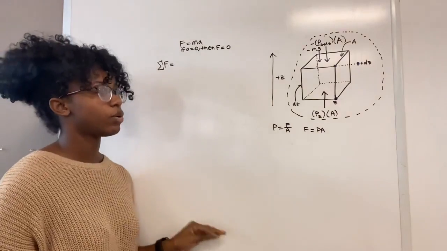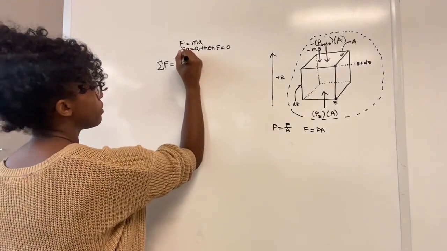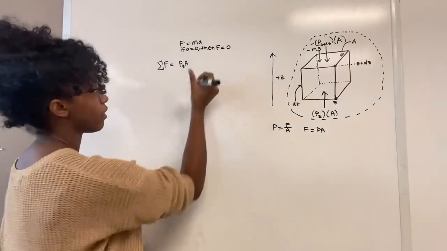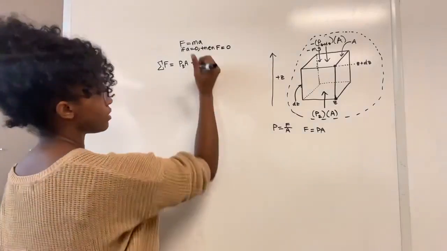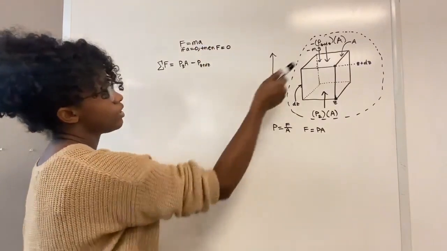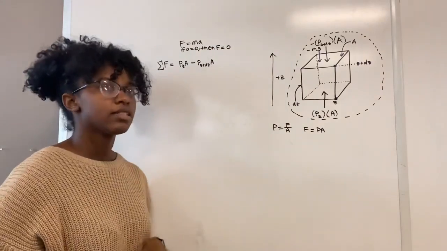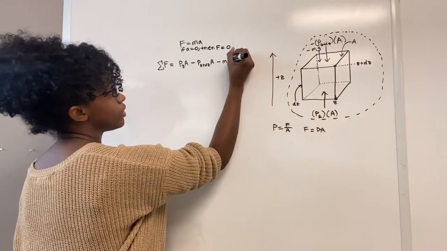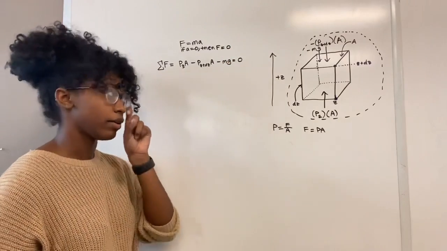So I'm going to start with the bottom pressure force, pressure at Z times the cross-sectional area A, minus, since it's negative, the pressure at Z plus dZ times the cross-sectional area A, once more, minus our weight, the mass of the fluid times the acceleration due to gravity, and all of that is equal to 0.